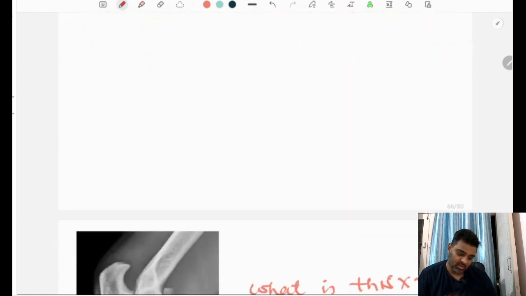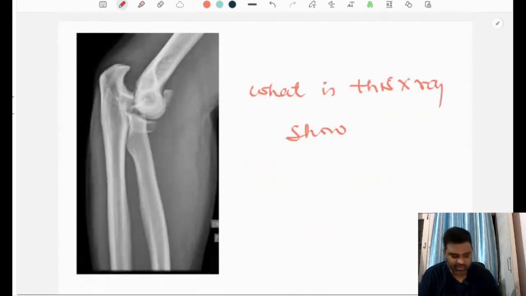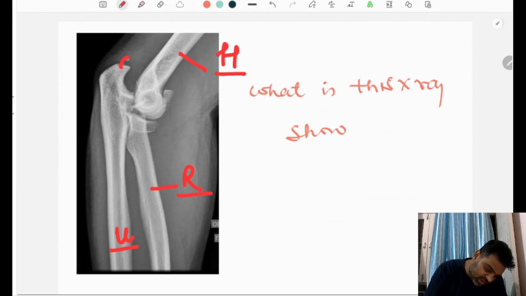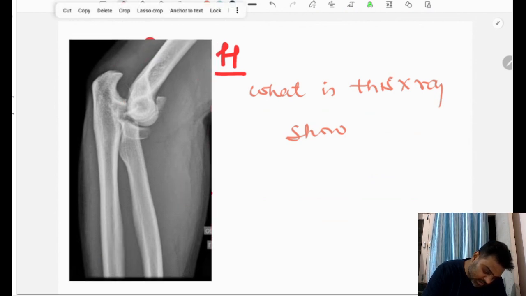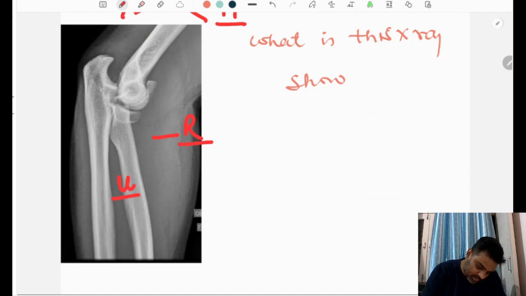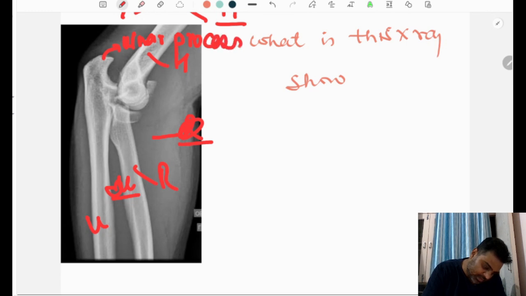This has been asked. What is this X-ray? This is very difficult to identify, but what we can see is this is the radius, this is the ulna, this is the humerus, this is the ulnar process which I was explaining.